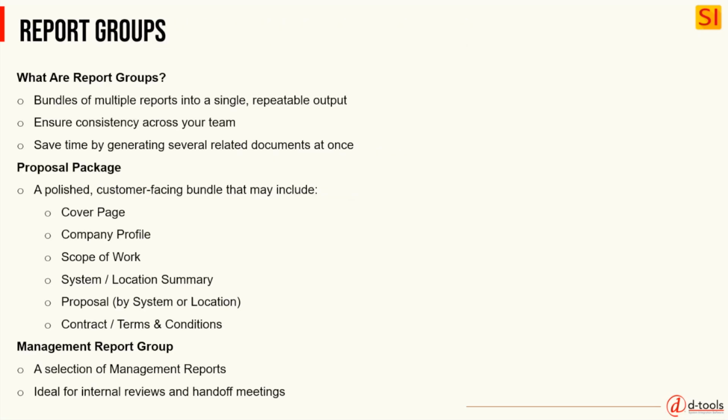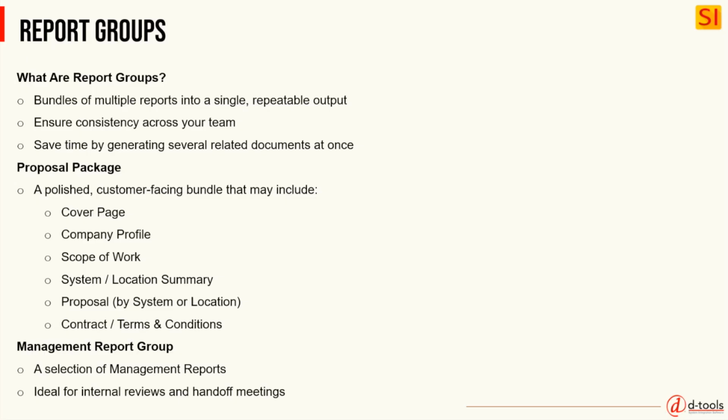Okay, let's keep going. A couple more quick things. Report groups are really powerful in the sense that they give you the ability to combine multiple reports into a single repeatable output.